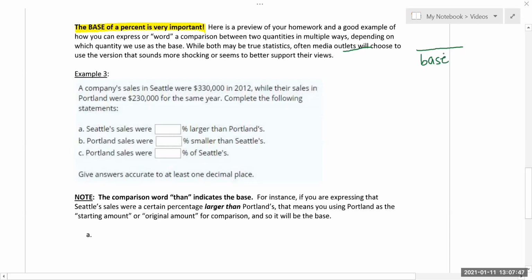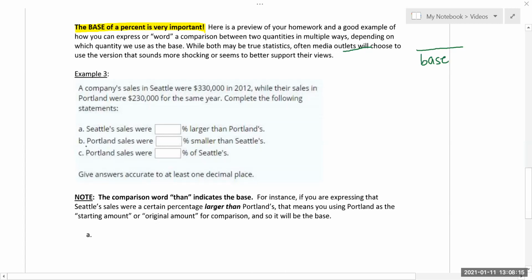So we've got this percent change formula. And for the first example, I pulled this directly off your homework, so you'll see something similar. It basically describes two companies and their sales. We have one in Seattle selling 330,000, the Portland branch selling 230,000. We're going to compare their sales in a couple different ways that make it sound a little different depending on that base.